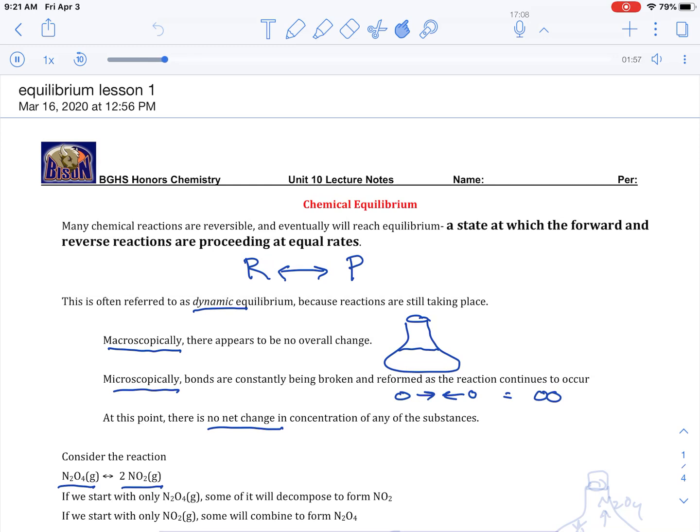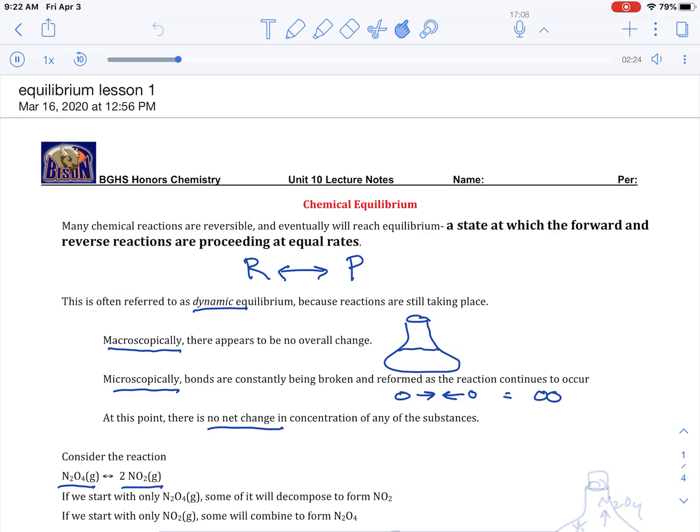Now, in this situation, if we start with only N2O4 right here, so this is our initial, when this reaction starts in a flask, say we have a flask, and it's plugged with a rubber stopper. If we start with only N2O4 in here, that means this reaction is going to break down and it's going to start to form NO2.